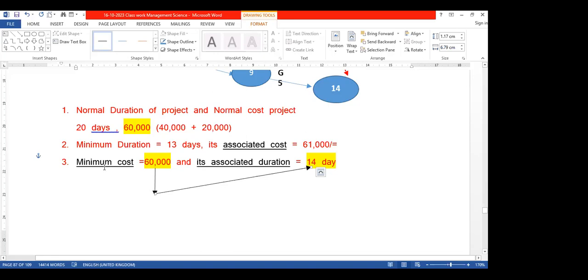From that, we try to minimize it. What has happened? As cost is minimized, the activities' duration also will decline. After a particular level, cost will increase.